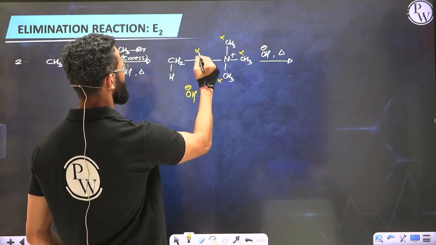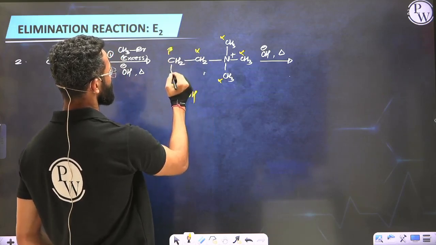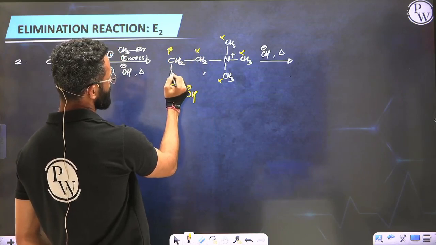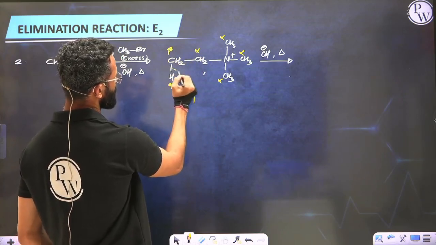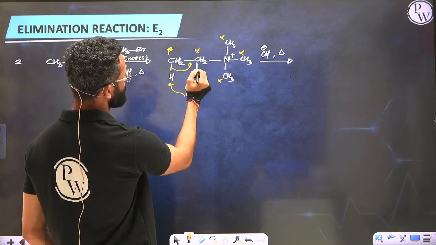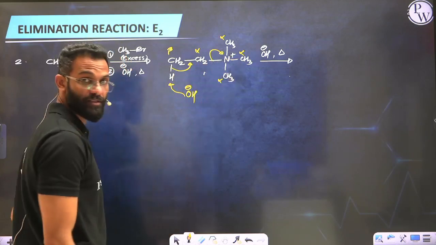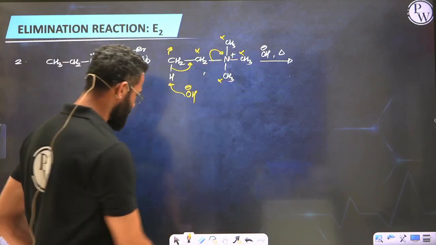The carbon here is alpha and this one is beta. The base can abstract the beta hydrogen. I told you when H is lost, the sigma bond of the beta carbon shifts towards that alpha which is connected to nitrogen. If this bond shifts here, this carbon is going to be pentavalent. So this bond has to break towards nitrogen to give you a tertiary amine.